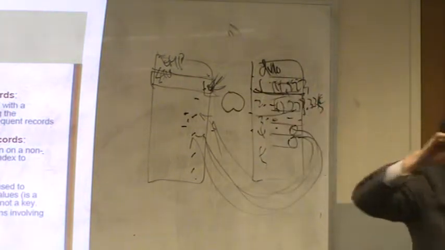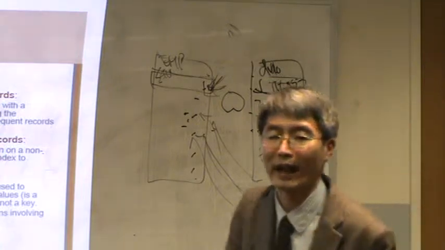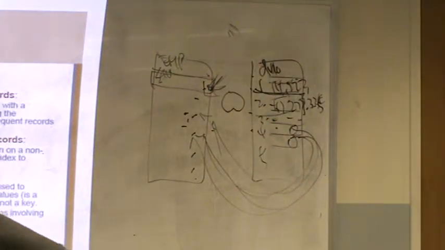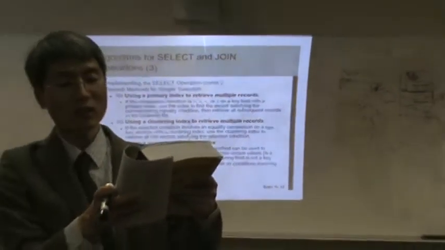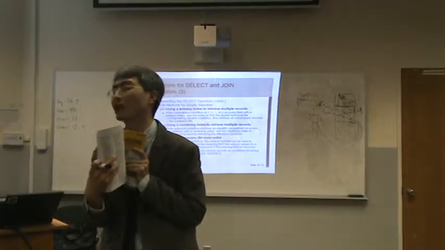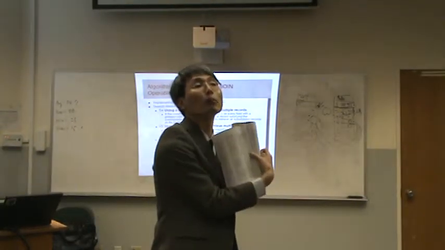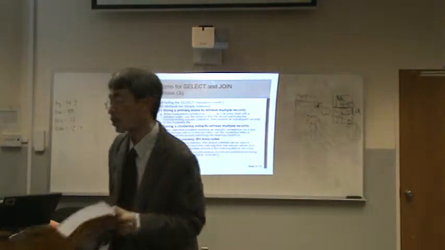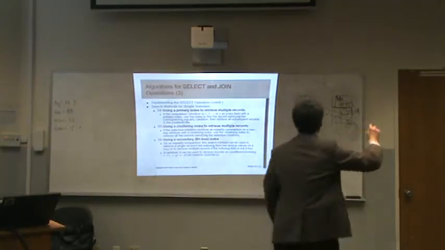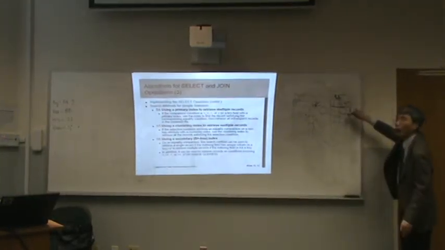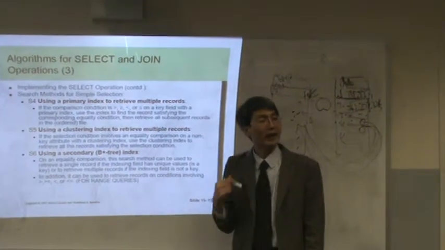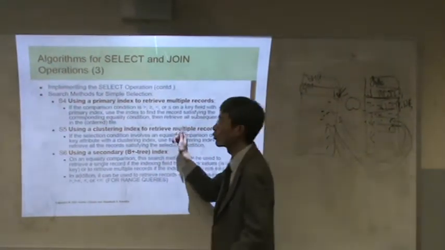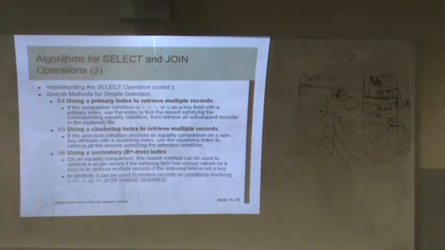Each key has many records, like your textbook. If you take a look at the index of your textbook, for example the ODB SQL, it has 355, so 600 multiple pages, just like that. So you can have an index that has multiple records. That is called the clustering index.